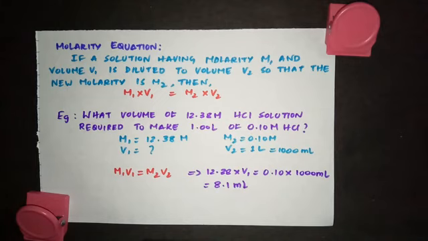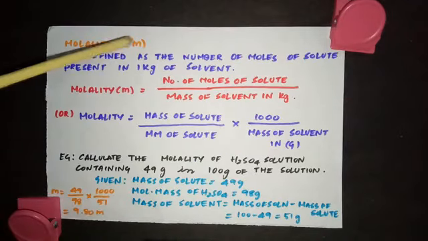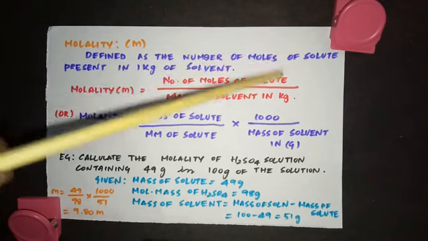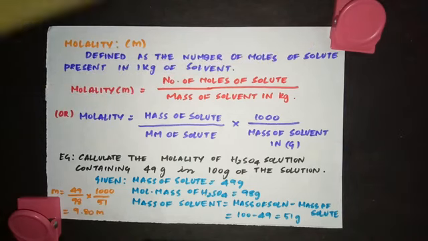So far we have seen three expressing terms for concentration in solution: mass percentage, mole fraction, and molarity. And the last one is molality. Molality, which is represented as small m, is defined as the number of moles of solute present in 1 kg of solvent.